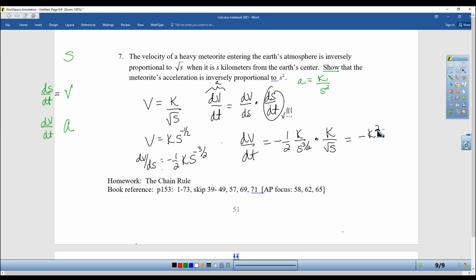Negative k squared over 2. And if you have s to the 3/2 times s to the 1/2, you add their exponents and you get 4/2, which is 2. Did we show that the meteorite's acceleration is inversely proportional to s squared? Yes. So there's some kind of constant here. Everything else is just a constant. The only variable is s squared. So we showed that it was inversely proportional to s squared.